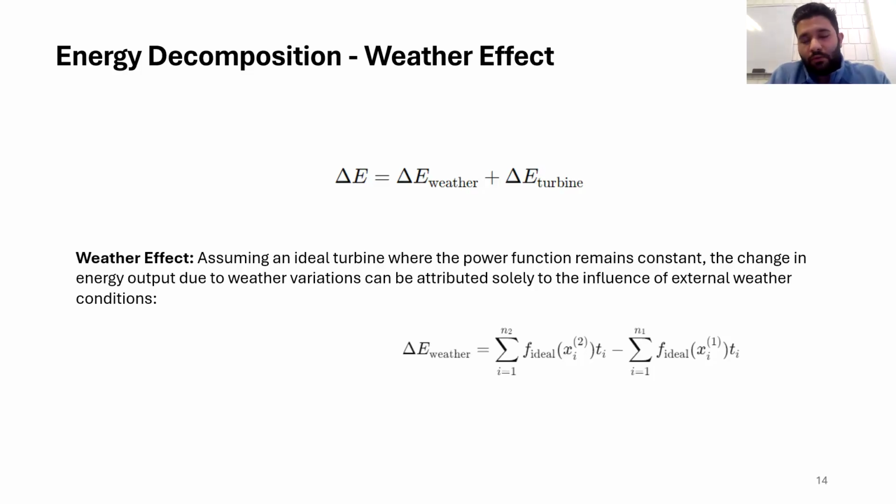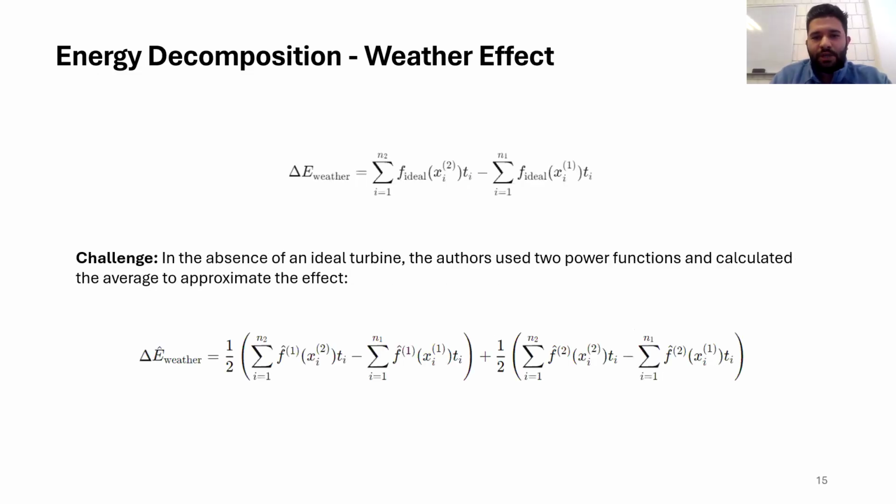So to approximate the change because of the 2 weather conditions, someone may apply this power function to the second period and apply it to the first period and just subtract it. However, the challenge is that in practice, there is no such ideal turbine. But in this case study, we have 2 power functions.